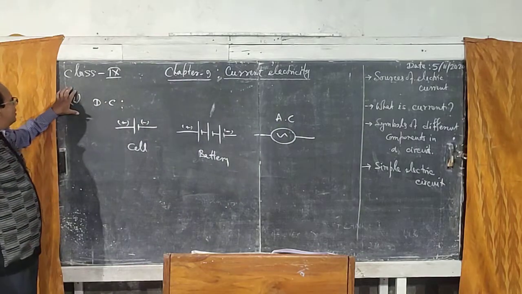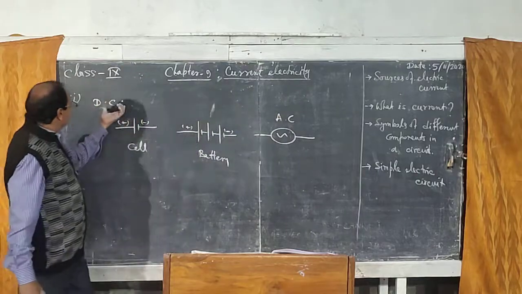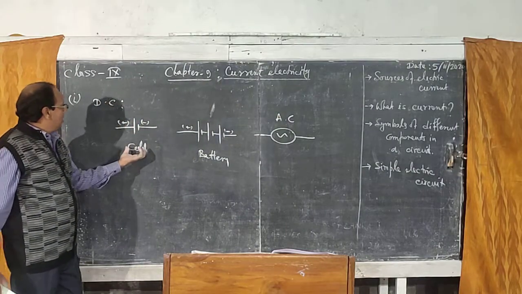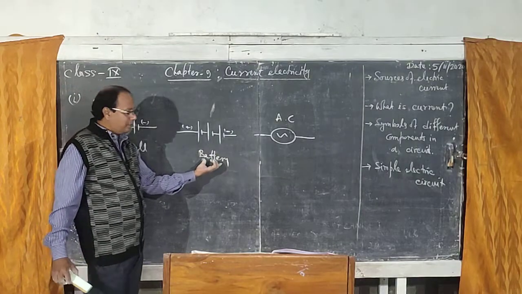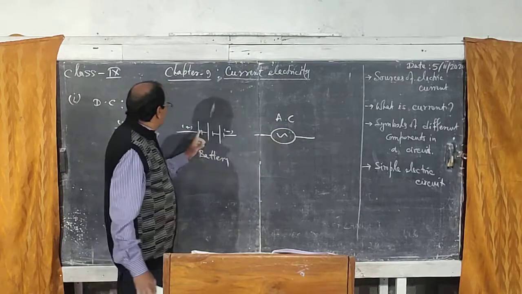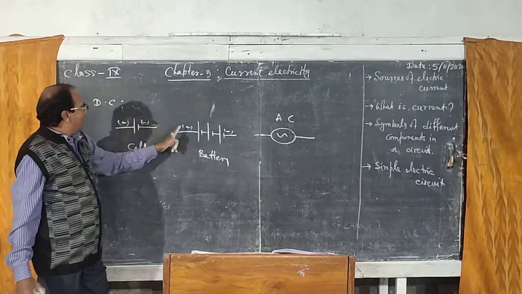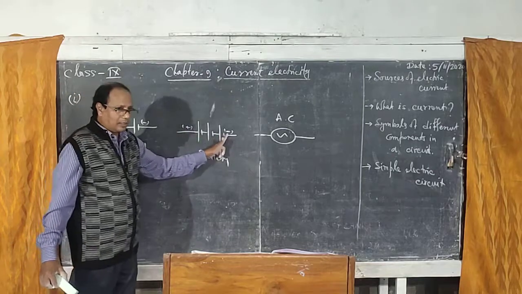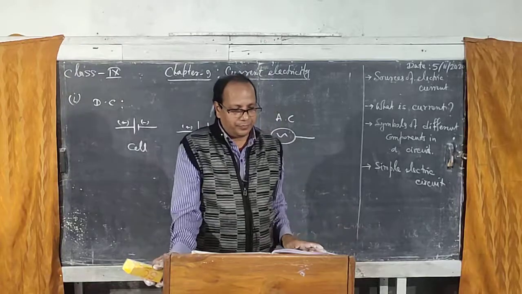So sources of current are of two types, DC and AC. DC can be a cell, and when a number of cells are attached together in series, it is called a battery. AC has no positive or negative terminals as such, whereas a cell and a battery have positive and negative terminals.